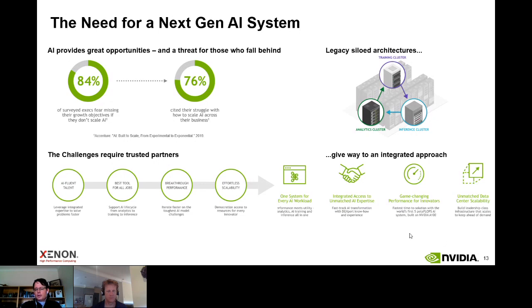With the expertise at NVIDIA and at XENON, we can fast-track the AI transformation of our customers. We can help with the implementations all the way from the design and architecture to the on-site integration, to the transitioning of workloads, to providing consultancy for new AI and deep learning projects, all the way to productizing that and running that on the DGX platforms.